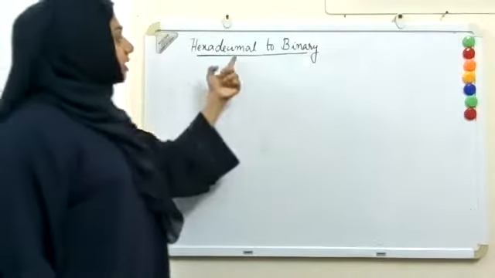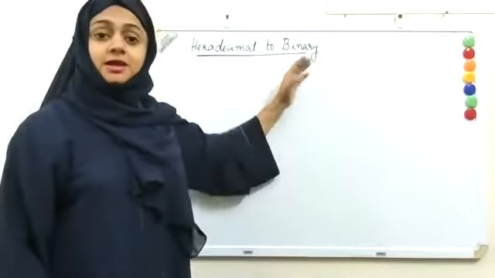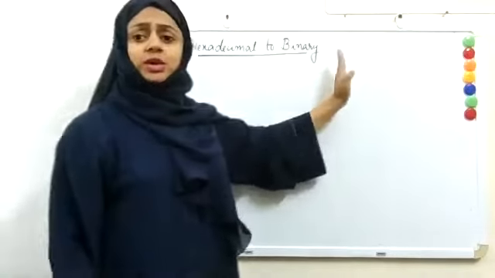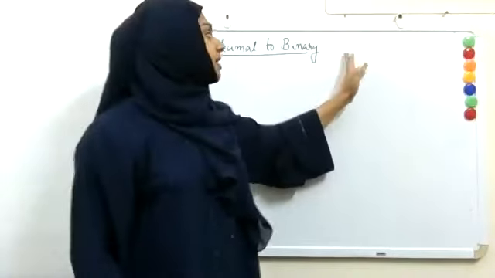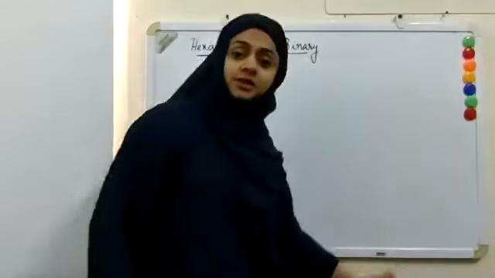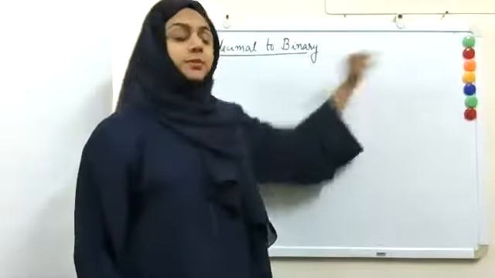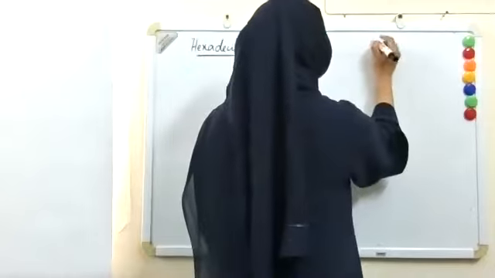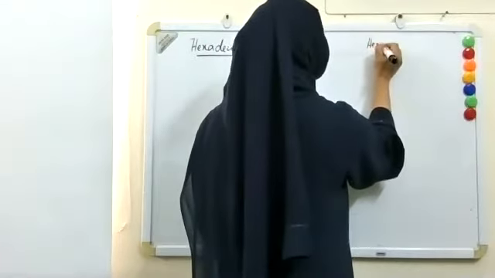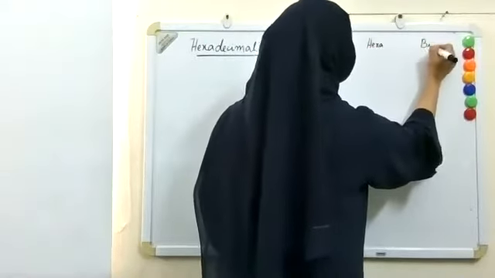To convert hexadecimal to binary, again, it's similar to how we did the octal to binary, and we will need a table with hexadecimal and binary. So let me make that hexadecimal and binary.